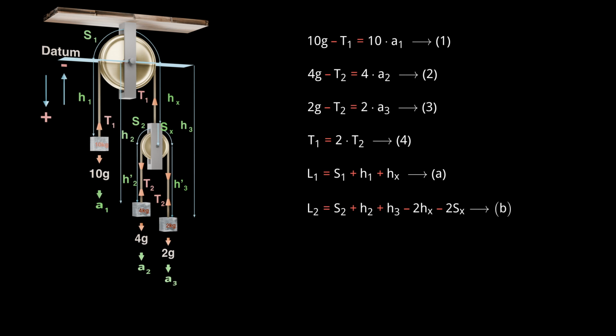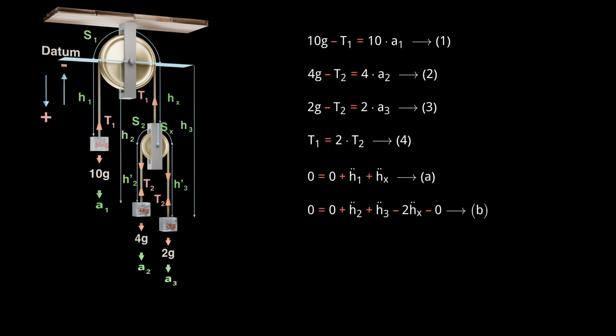Since we are interested in the accelerations of the three weights rather than the distances from the datum, we proceed by taking the second derivative of the expressions for L1 and L2. The fixed lengths, L and S subscripts, remain constant over time, meaning their derivatives are zero. As a result, when the expressions are differentiated twice with respect to time, only the second-order derivatives of H1, H2, H3, and Hx remain.